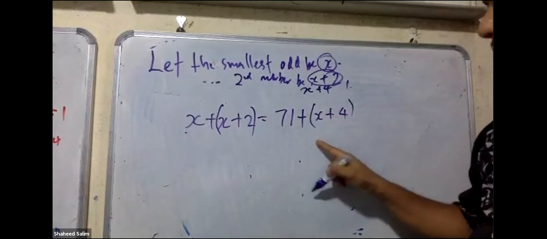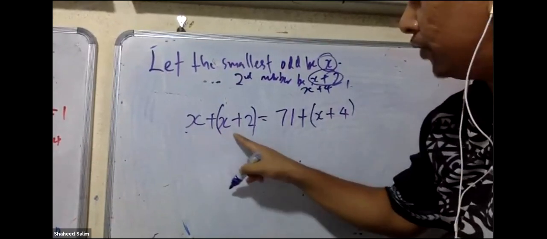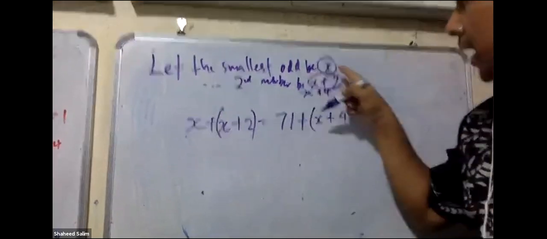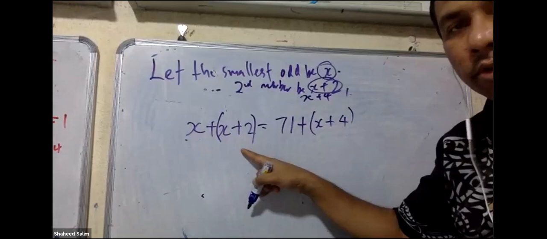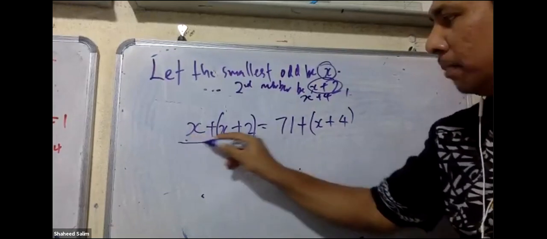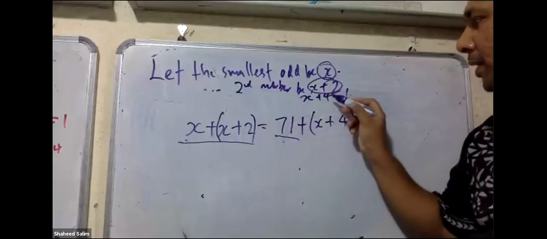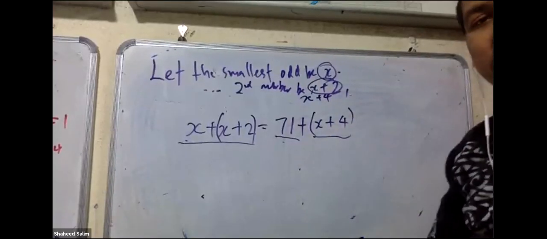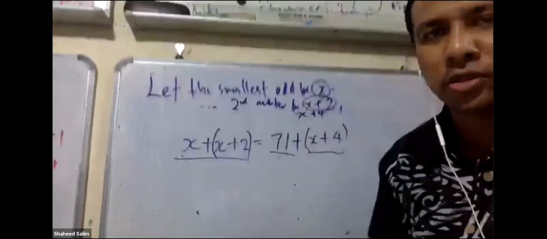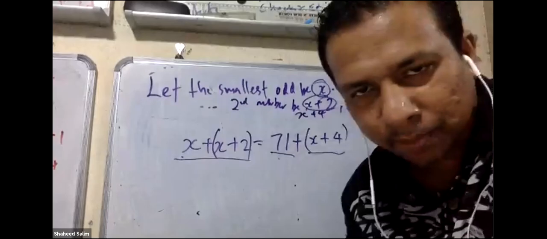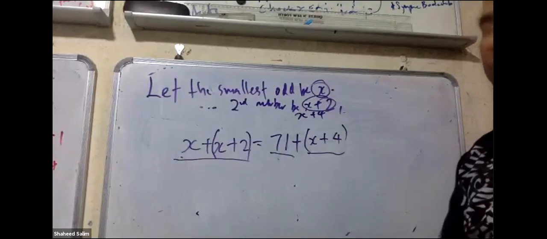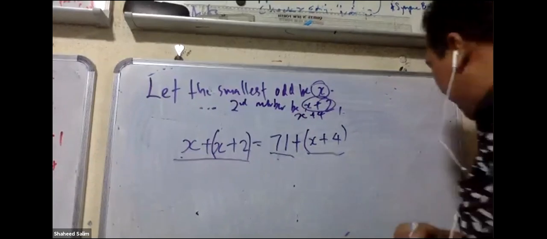The first number is x, the second odd number must be x plus 2, so this is the sum of the first 2 numbers. It's 71 plus the third number. Now you have your equation and you can solve it. Can you try to solve it, please? You understand what's happening, Anna? Yes. Okay. I will give you another question after this, but can you try this while I write another question?